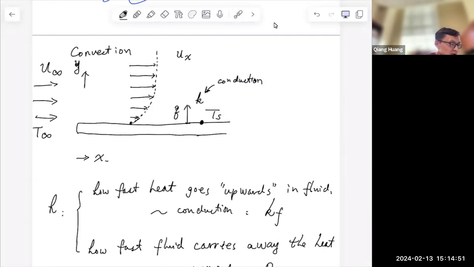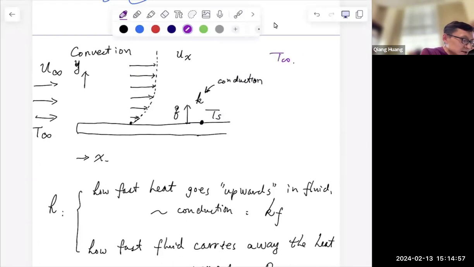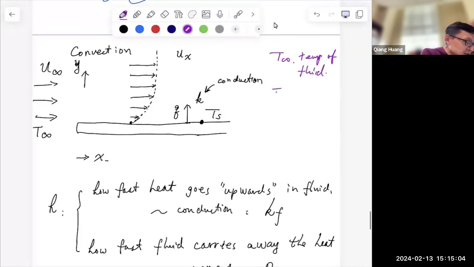And here, a few notes I just put on. The T infinite is the temperature of the fluid, and the Ts is the temperature of the surface.